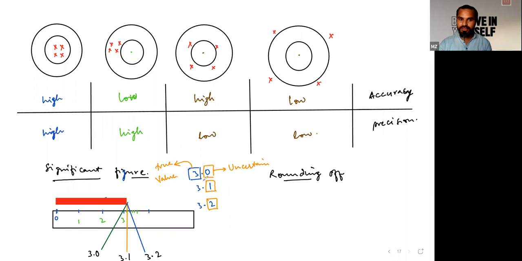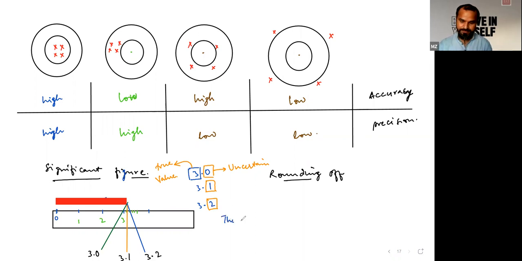So the total number of digits in any experimental value, true value plus one uncertain digit in combination, is called significant figure. If anyone asks you what you mean by significant figure, you must say: while calculating the experimental value, the total number of digits, true value plus one uncertain digit in combination, gives you the significant figure.